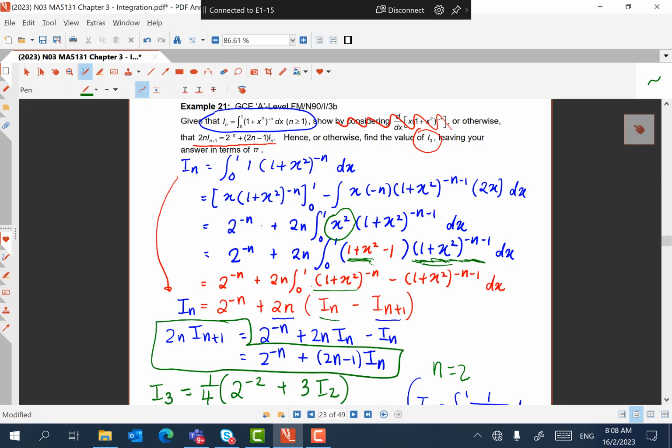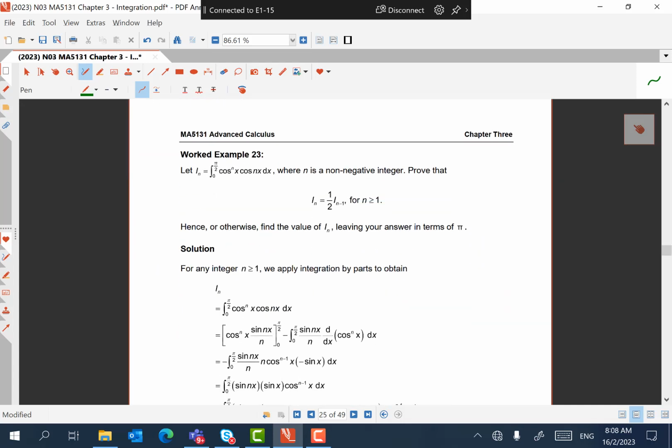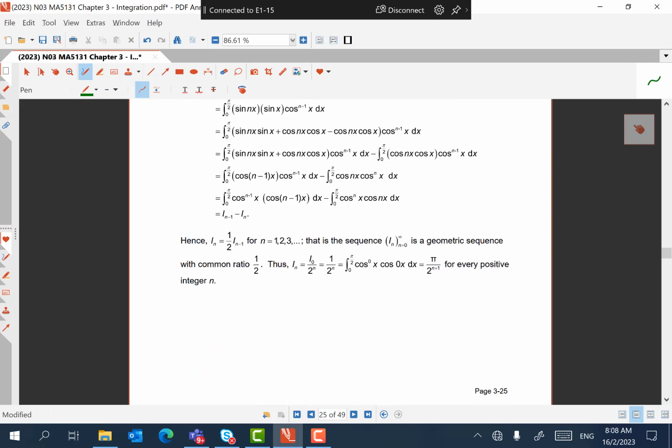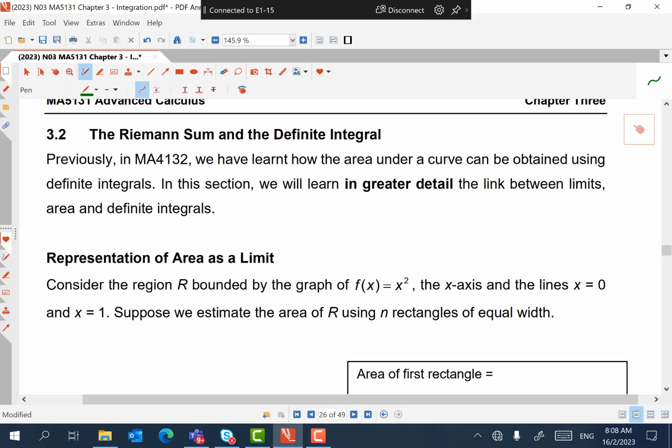Okay, Aditi, can I move on? Okay, so moving on, this one is left to you to read for yourself. We are going to embark on, ta-da, something that you have sort of done before in your lower years. You have already come across this term, Riemann sum.